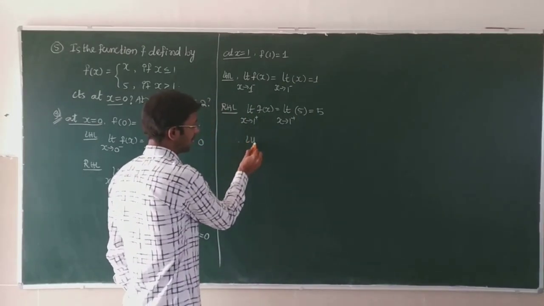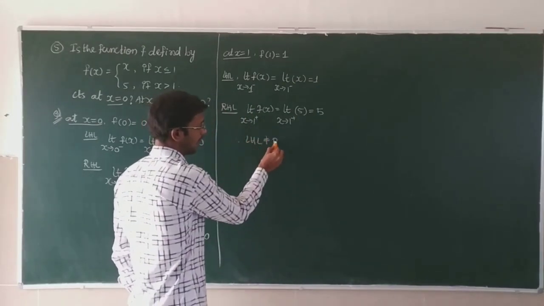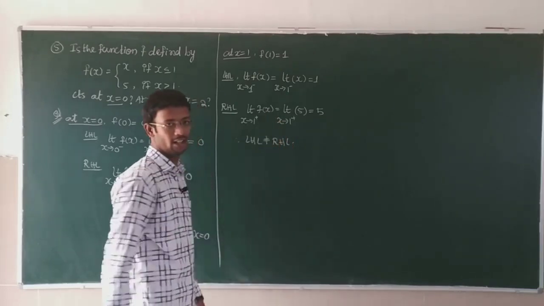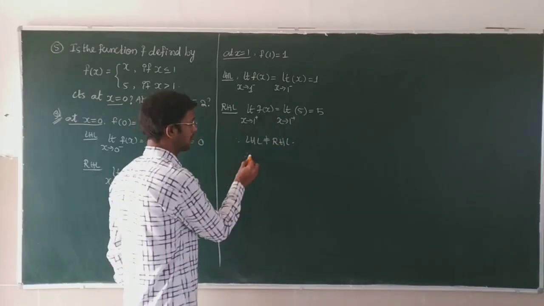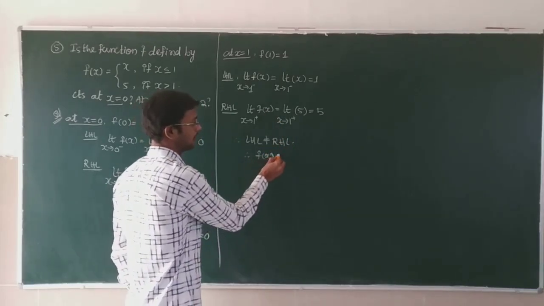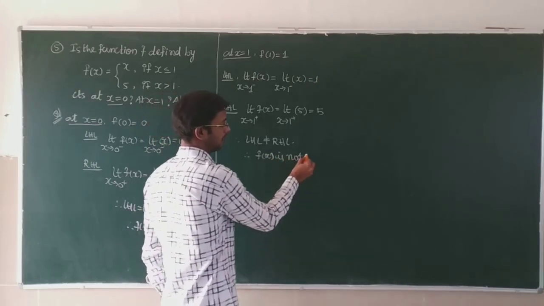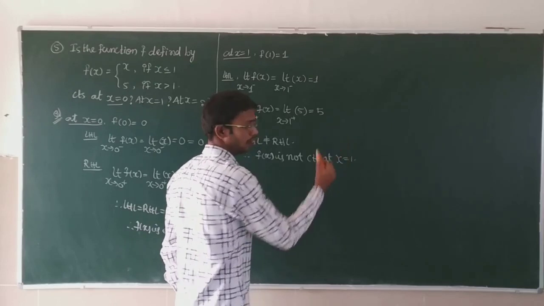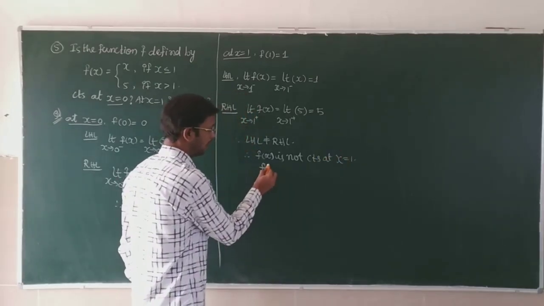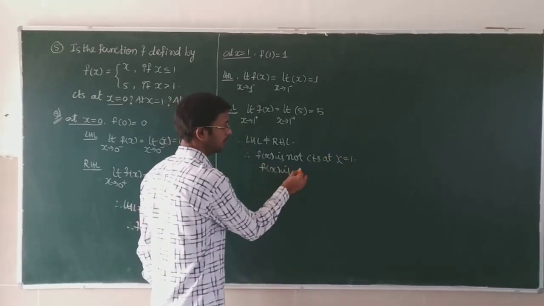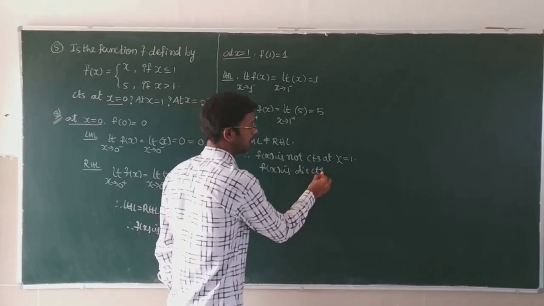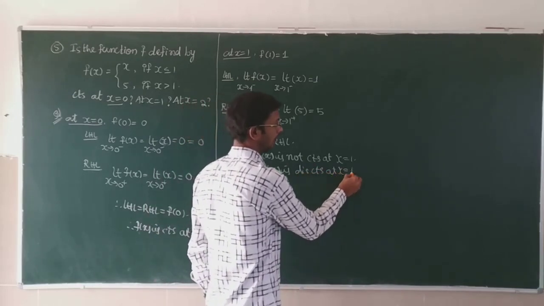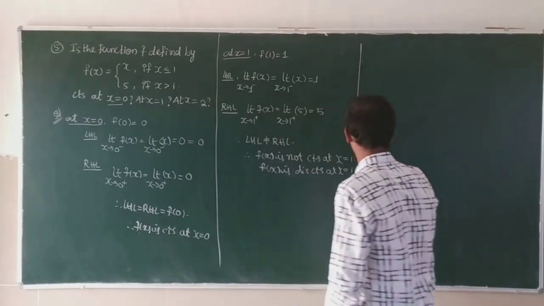Therefore, LHL is not equal to RHL. F of x is not continuous at x is equal to 1, or f of x is discontinuous at x is equal to 1.